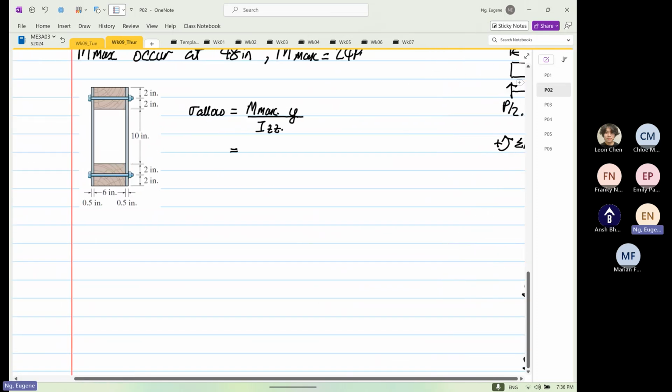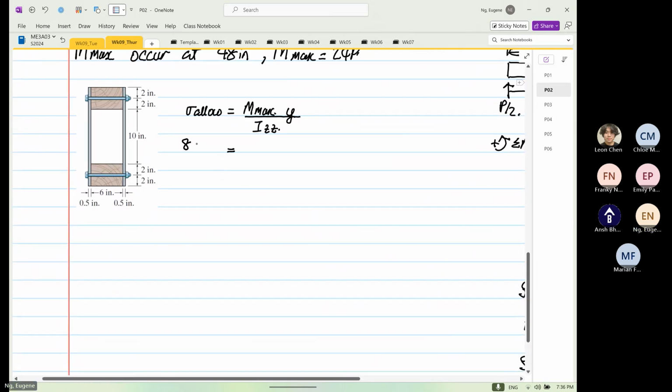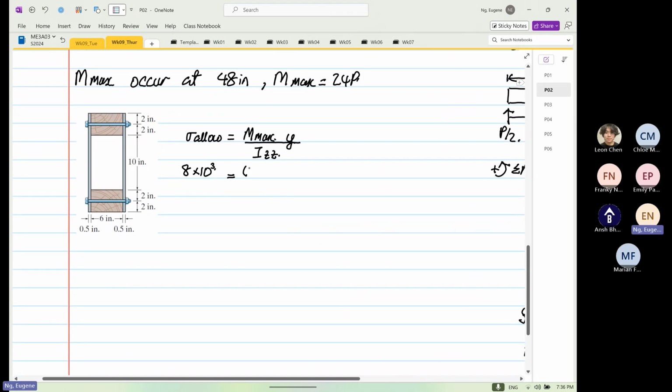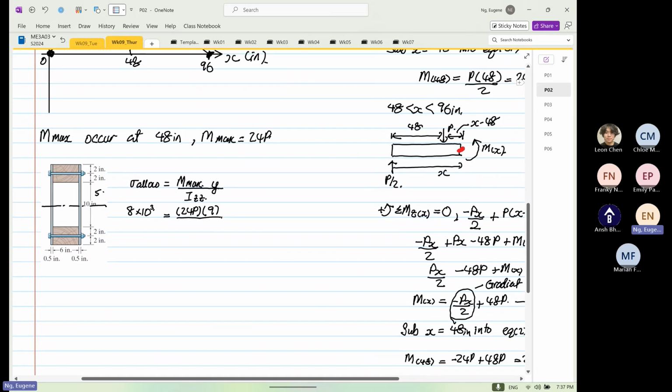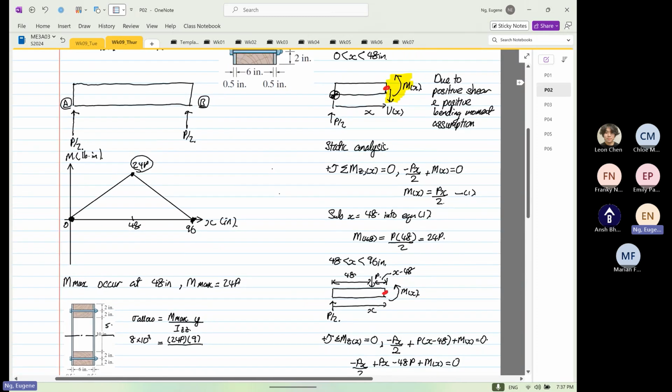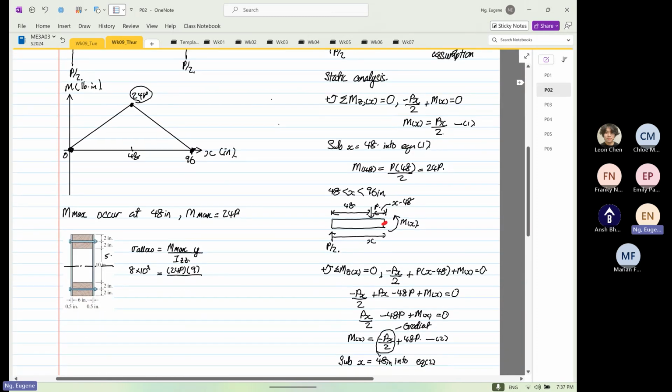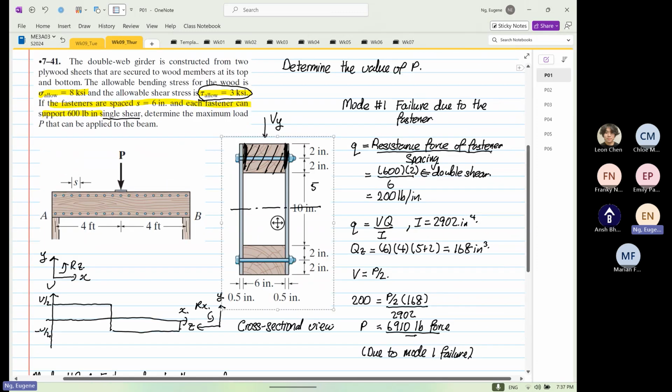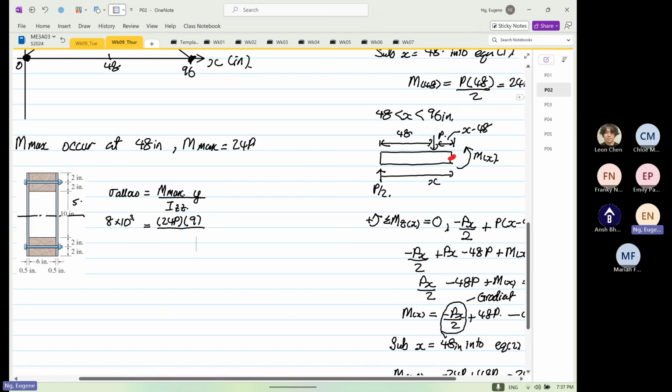Okay, so 8 times 10 to the power 3. Mx is equal to 24P. The y value shows the furthest distance away from the centroid. Okay, so it's 5 plus 2 plus 2 is 9. Divided by Izz. Izz is, let me have a quick look, yep, 2902.